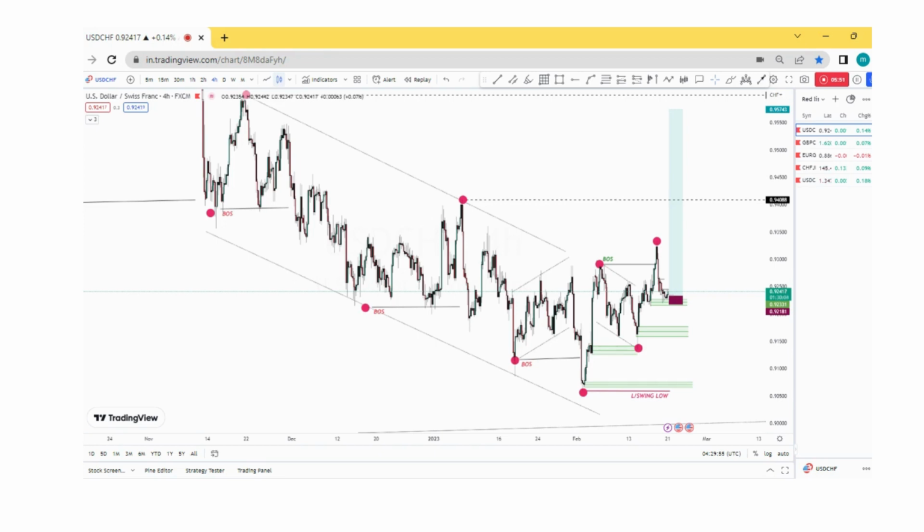I'll be dropping uptrend and downtrend, which most people call bearish and bullish market, and we're going to cover support and resistance, which most people call supply and demand.